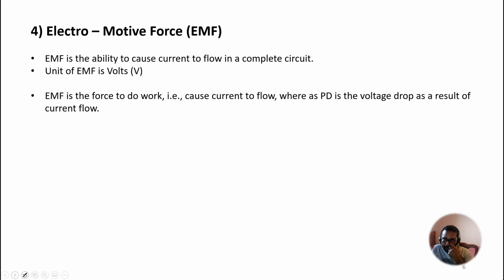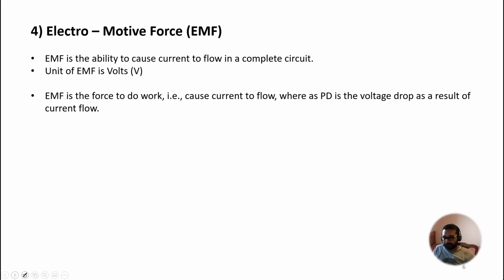Now let's move on to the next topic, which is electromotive force, or in short EMF. So EMF is the ability to cause current to flow in a complete circuit, right? And its unit is also volts. So both potential difference and EMF have the same unit, but they are two different things. Electromotive force is the force which is causing the current to flow, right?